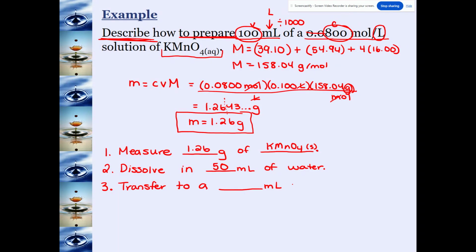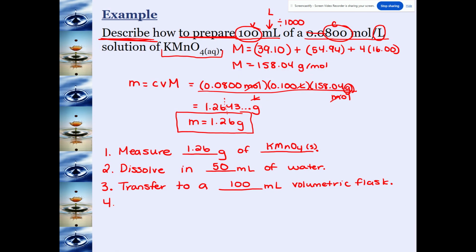So they come in various volumes. You have to say which one you're using. So whatever our final volume is, which is 100 milliliters, I'm transferring it to a 100 milliliter volumetric flask. That's what that glassware is called, a volumetric flask. Very precise instrument at measuring volume.